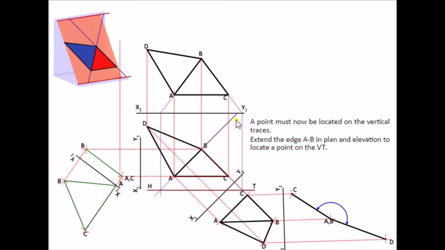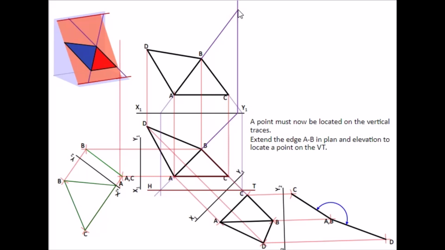Now to do the vertical trace, we're going to extend the edge BC this time until it hits the XY line. If you imagine this XY line also as the back wall, so we've run AB into the back wall, we extend AB in elevation and then bring it straight up.